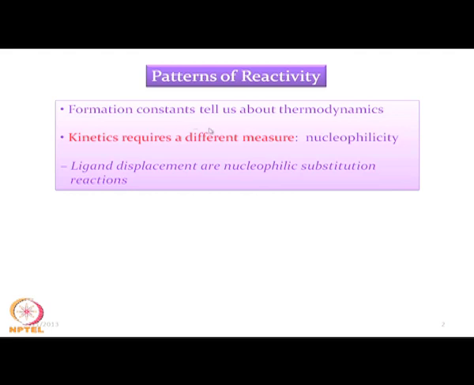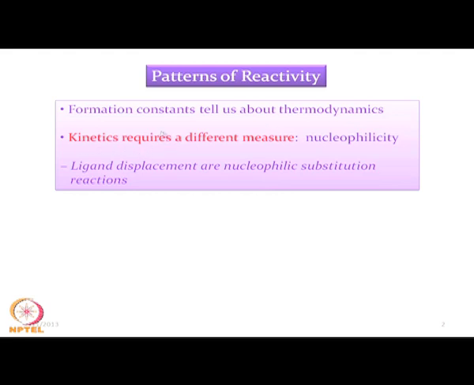So, if we have M plus Ln or ML6, we can determine the equilibrium constants or formation constants for the different steps, the stepwise formation constants for the thermodynamic parameter, that means the equilibrium constant value as well as the corresponding delta G values.